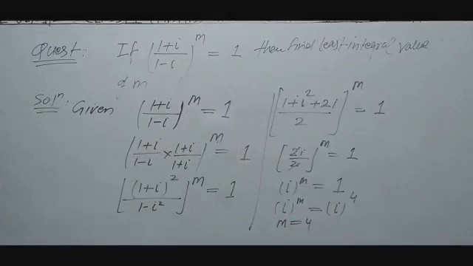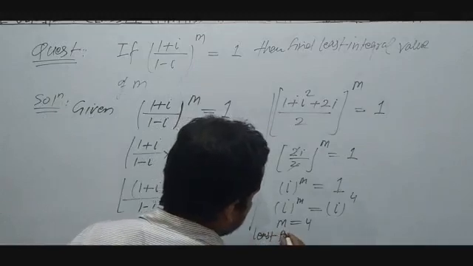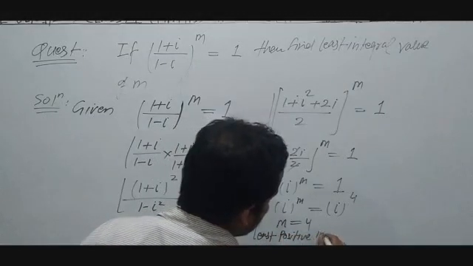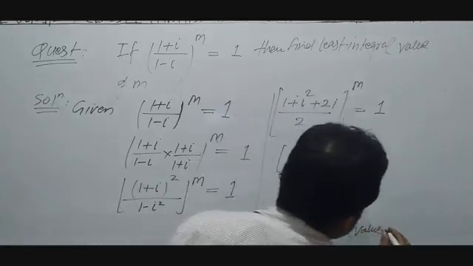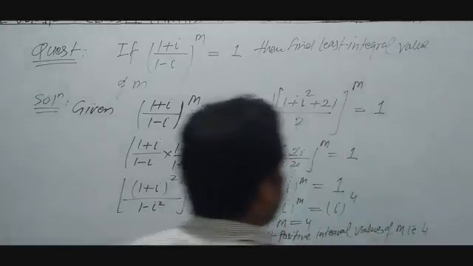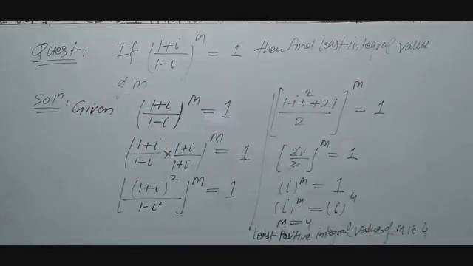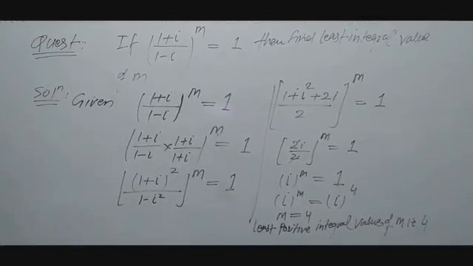Now the answer is: the least positive integral value of m is 4. Now this question is completed.